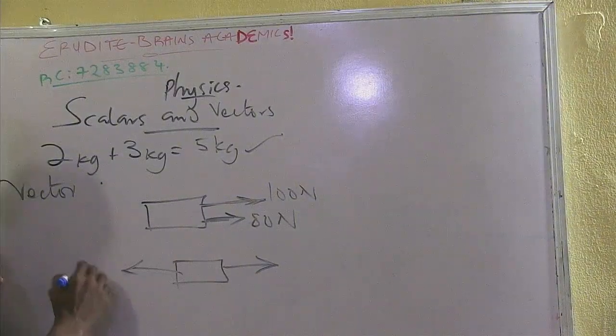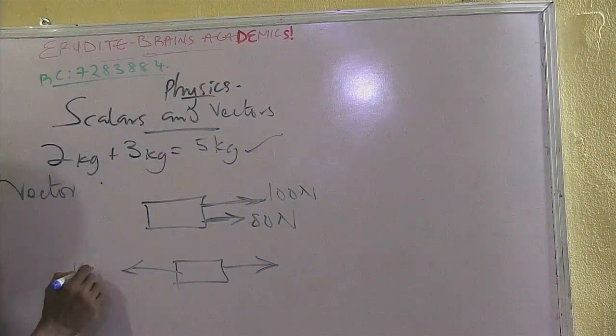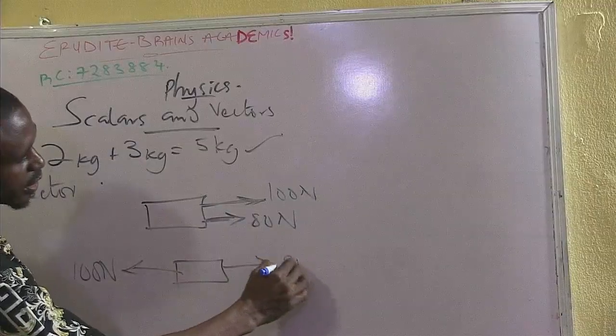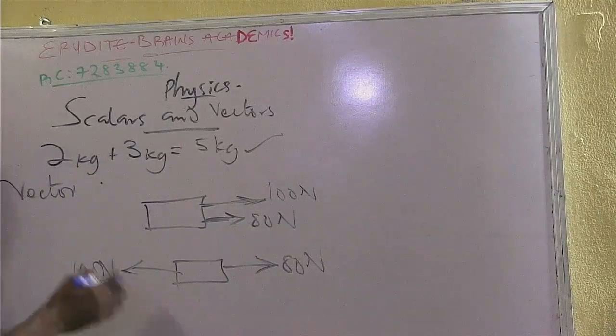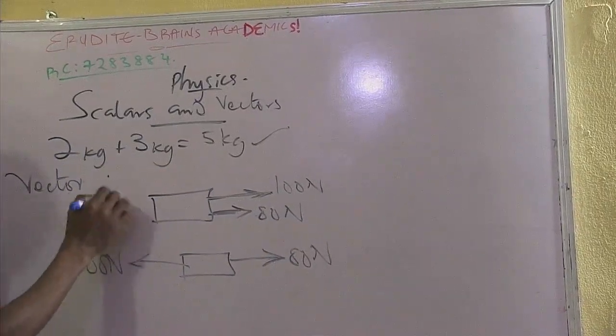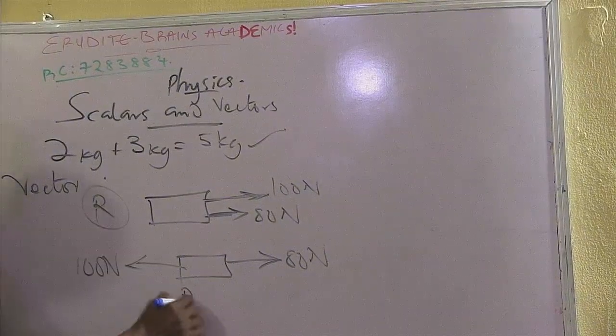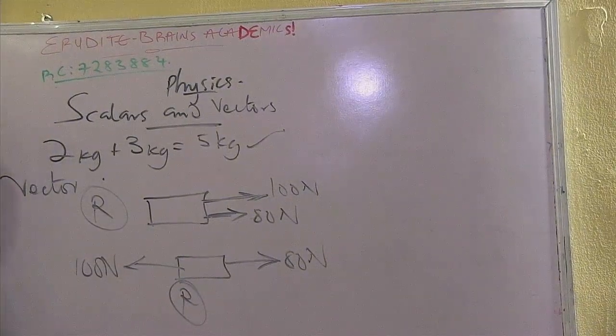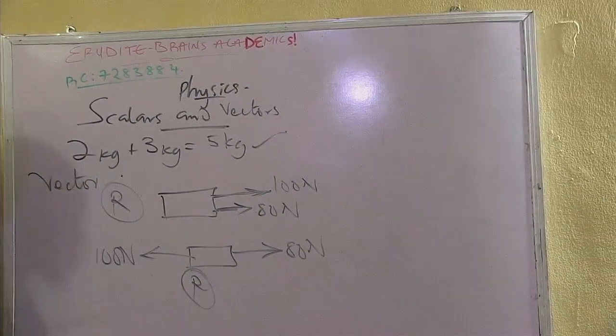Let's say we have 100 Newton here and 80 Newton here. For this one, you are asked to calculate the resultant force, and this one also, to calculate the resultant force. Now what is the meaning of resultant force?